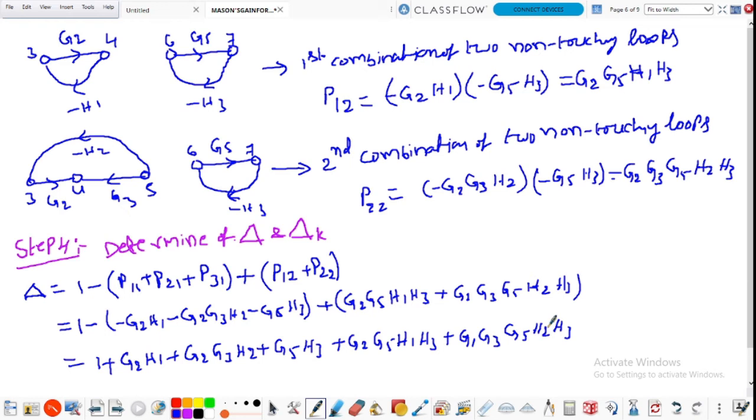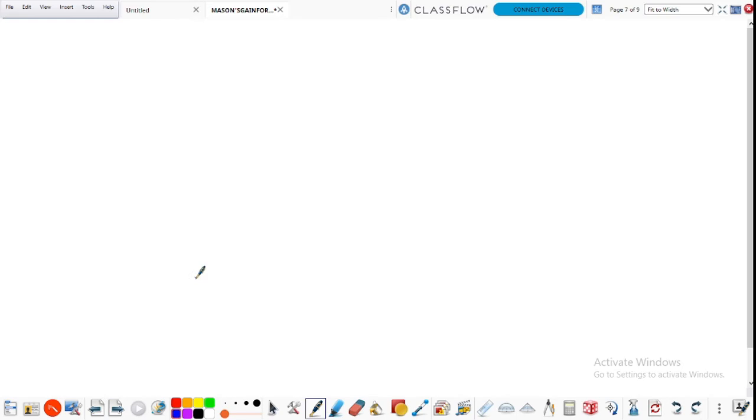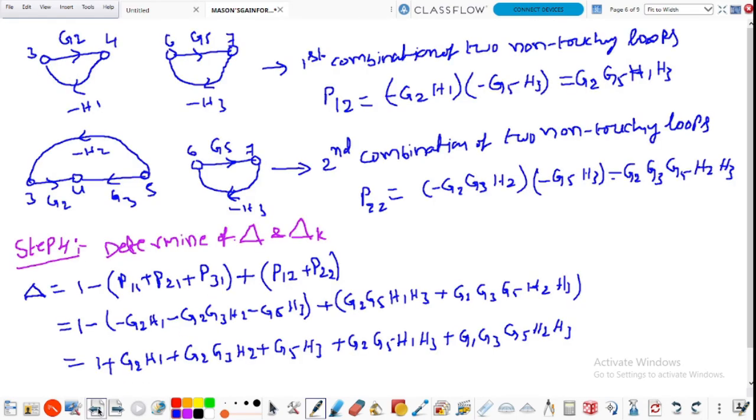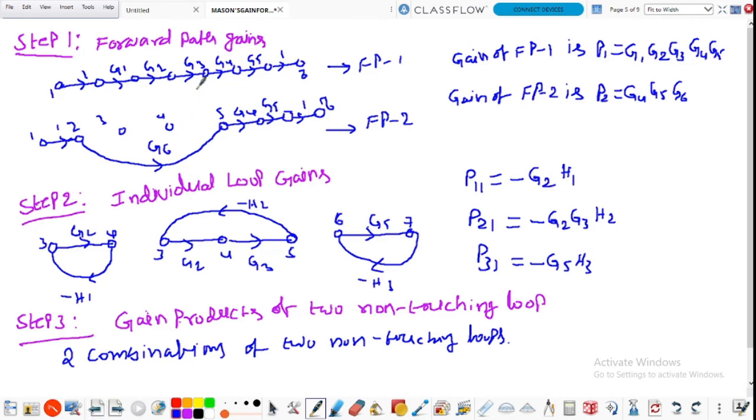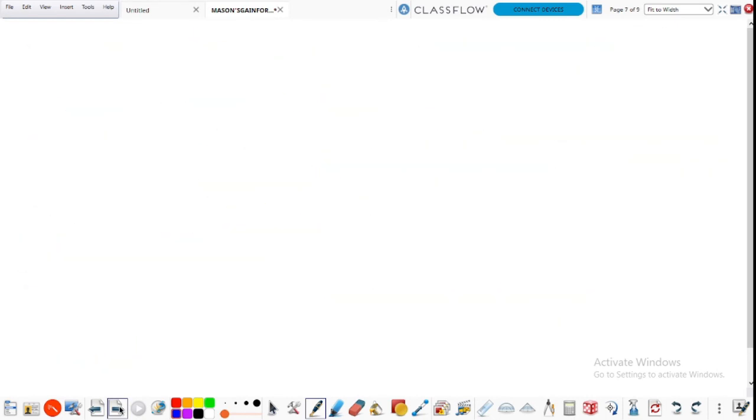Next, calculate the delta K value. Now here what is K? K is equal to 2. The number of forward paths is 2. In this example there are two forward paths. This is the first forward path and this is the second forward path. So calculate delta 1 and delta 2 values.